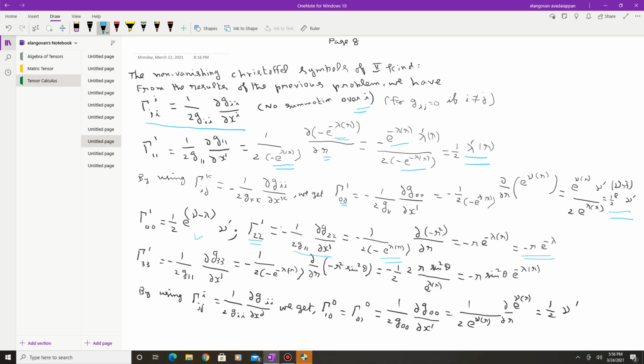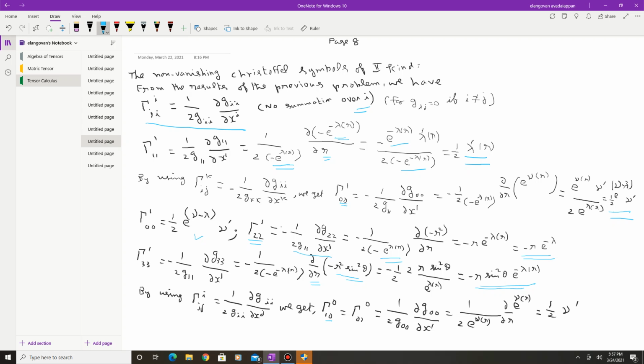Gamma 1 3 3 is minus 1 by 2 g11 partial derivative of g33 by dx1. g33 is minus r square sin square theta and x1 is r, so you can differentiate with respect to r keeping theta constant, and you will get this expression. So this is the result. And by using 1 by 2 gii partial derivative of gii by dxj, we get gamma 0 1 0.